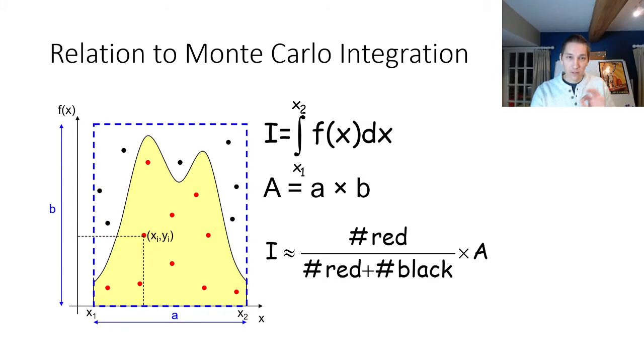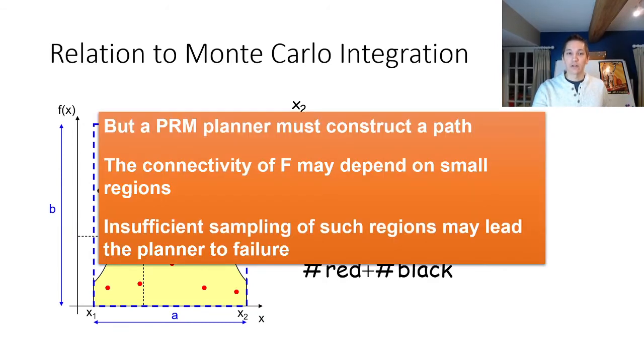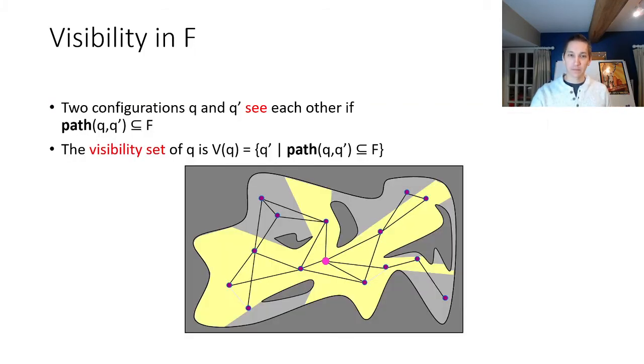But there's a little bit of a difference between Monte Carlo integration and PRM planners, in that PRM planners actually have to construct a path, and even though in integration, if there's a small region that you may have missed, it doesn't count much to the integral, for a PRM planner, we actually may have to go through these small regions. And so if we don't sample them correctly, we may lead the planner to incorrect failure.